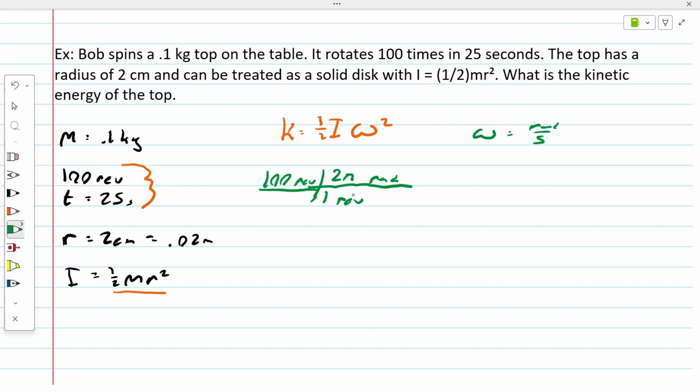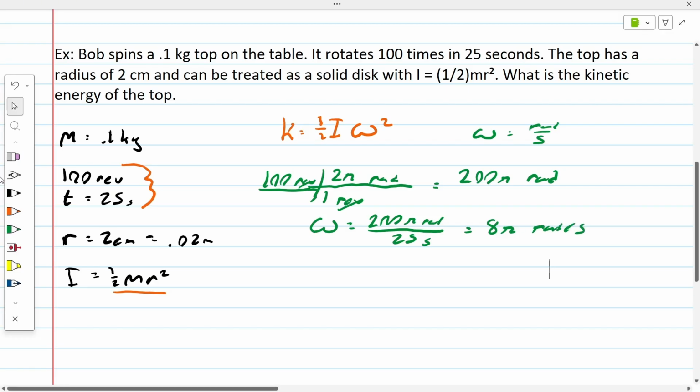The revolutions cancel, and we get 200 pi radians. Now we just need the angular velocity, which is radians per second, and we have the time. So we plug in 200 pi radians in 25 seconds, and that equals 8 pi radians per second.